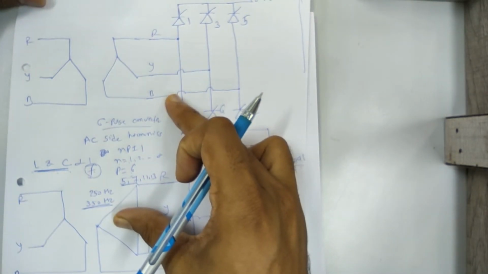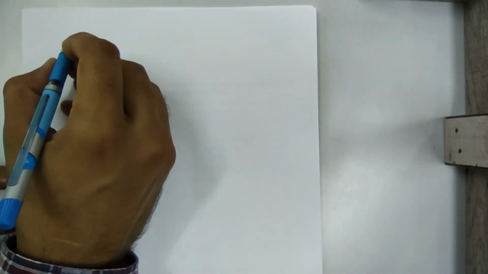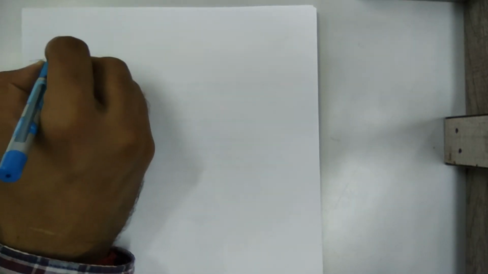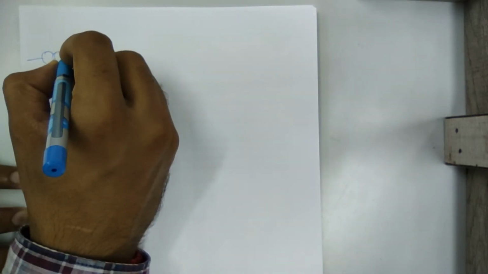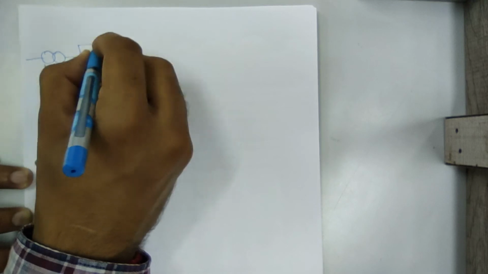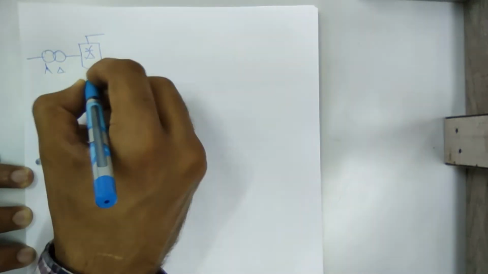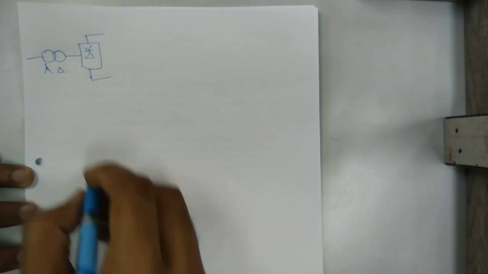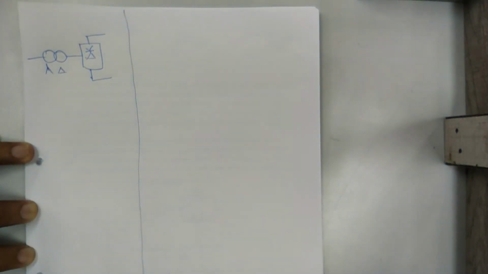two converters we will see what output you get at the load side. First, one star delta connected transformer with 6 pulse bridge converter. So what is the output of this bridge type converter at the DC side as well as AC side? So let's see this.